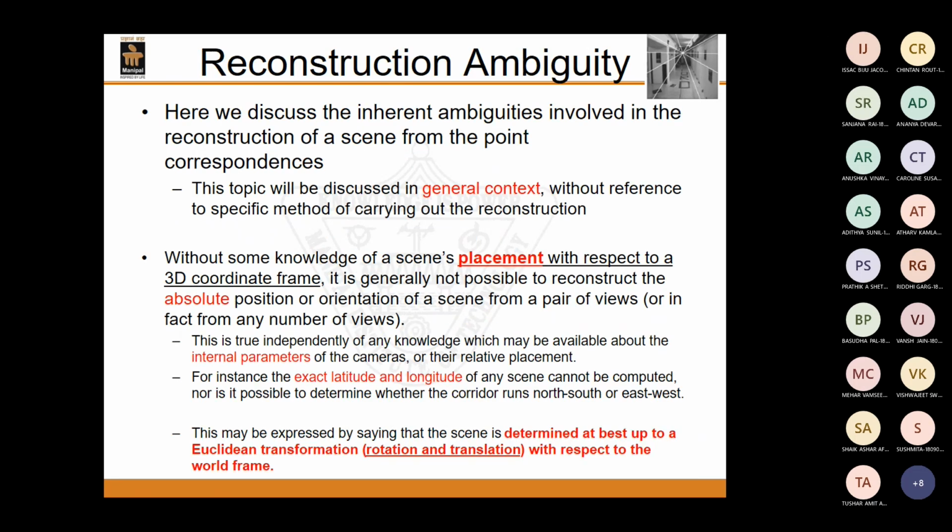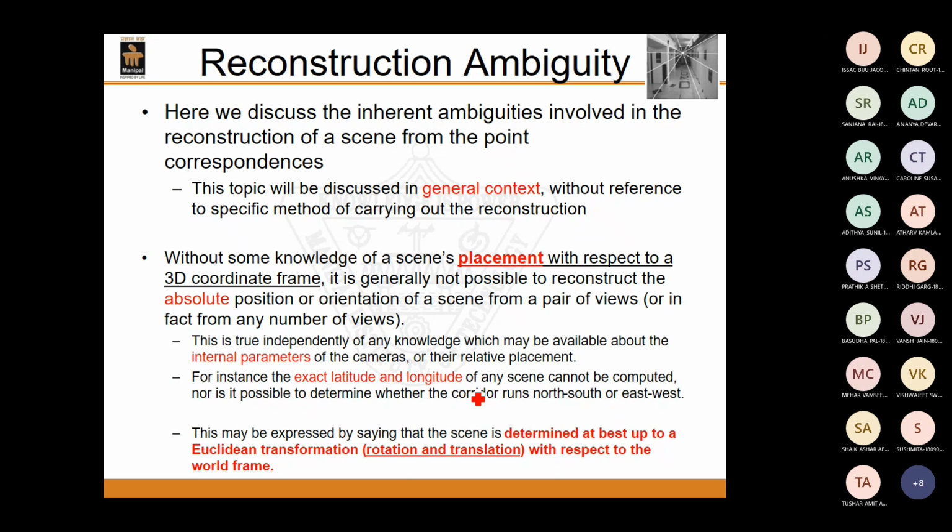Okay. Now, another important point is the reconstruction ambiguity. So we have learned the different steps by which you can reconstruct a particular scene using stereo vision or stereo images, right?